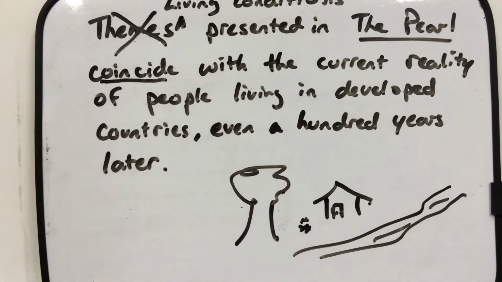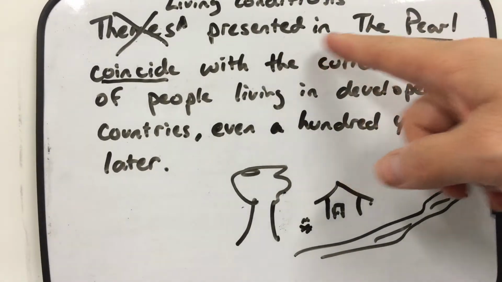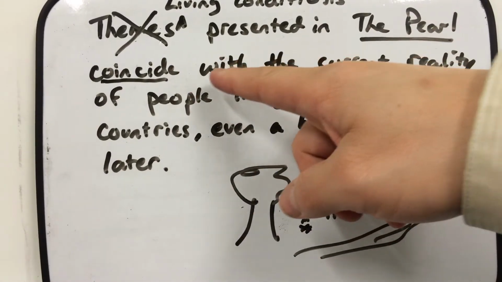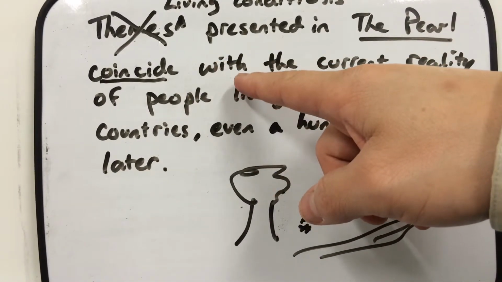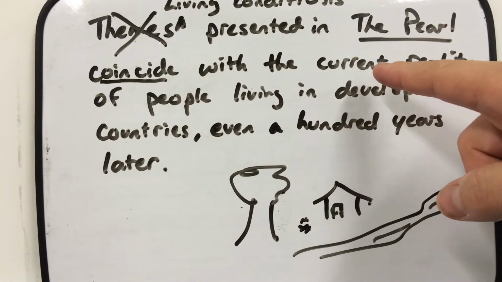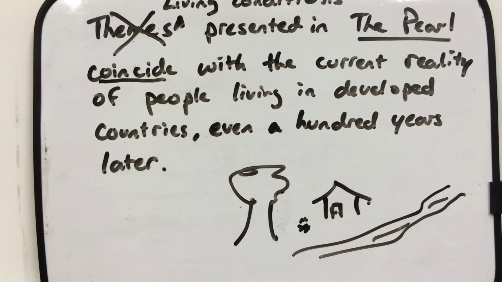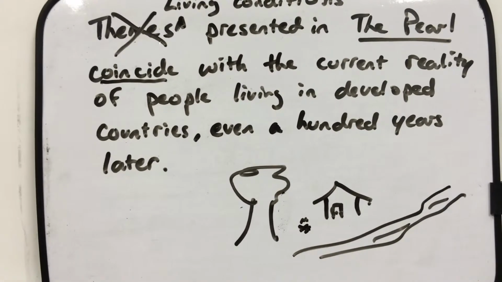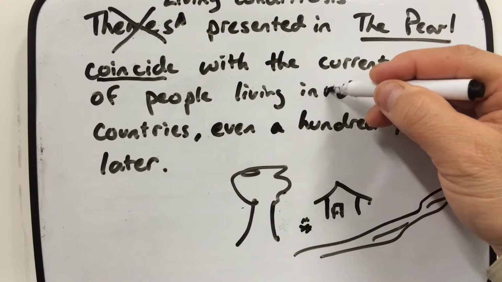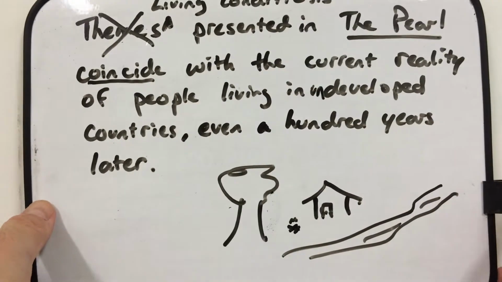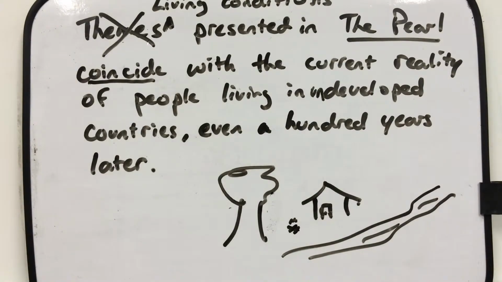Okay, so it's the living conditions presented in the Pearl coincide, and again you have coincide with, okay, the current reality. So they're similar or the same as some people living in, it should be undeveloped countries. Make that undeveloped countries, even 100 years later.